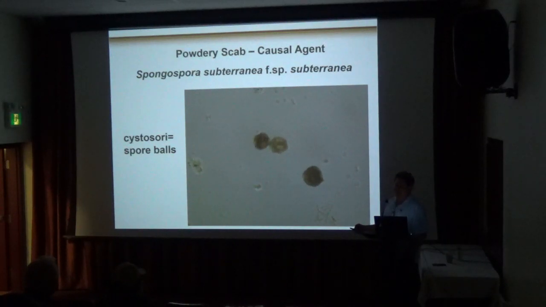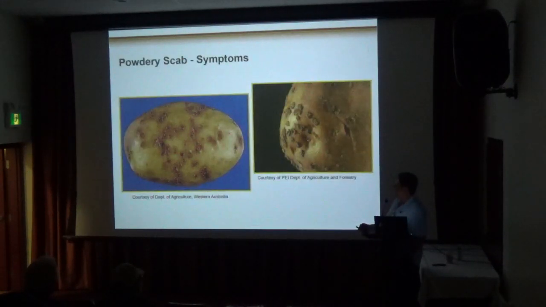So if we're planting seed that has powdery scab, it could then go into the soil and survive in the soil, and that would make it more difficult to manage that disease. So that's something that we're going to be looking at. In a couple of weeks, we should have an answer, at least for those 15 samples, if we do see any powdery scab.